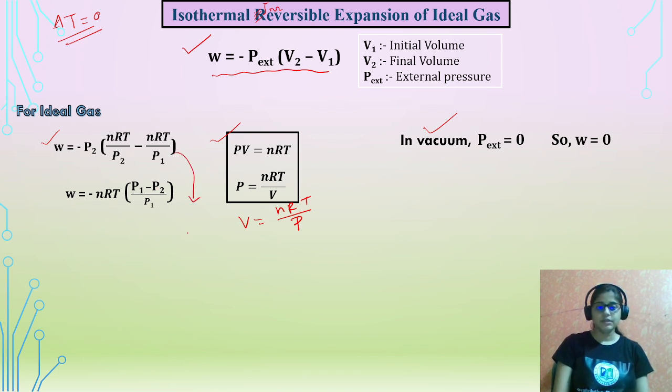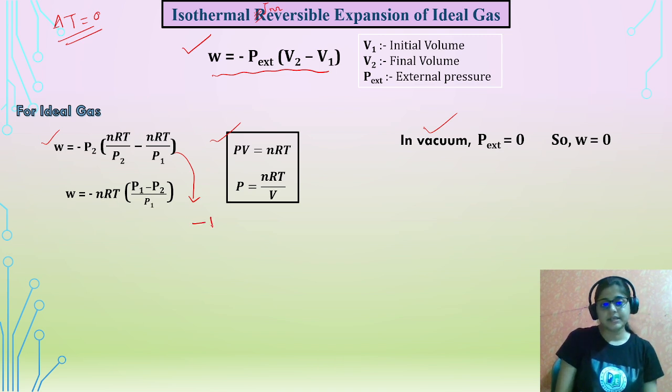How? If you are confused, let's see this P2. It will be minus P2 is there, and I am taking nRT outside, right?